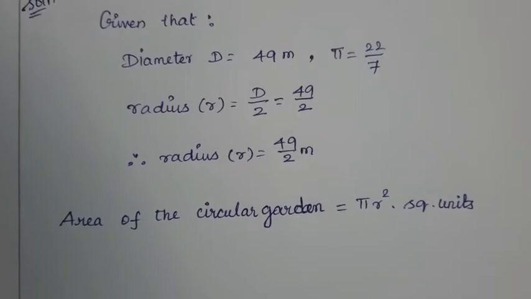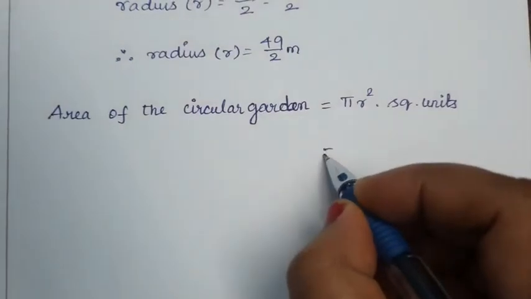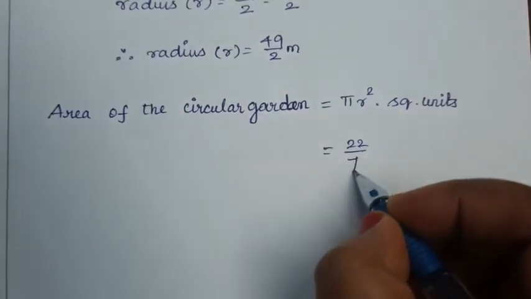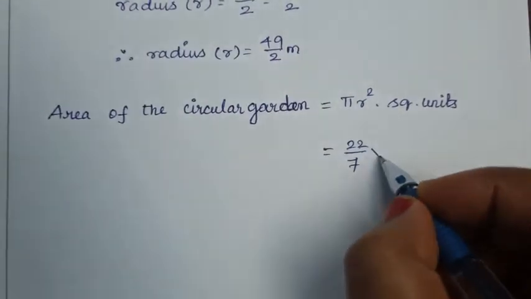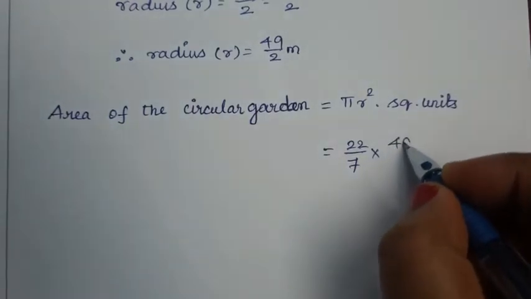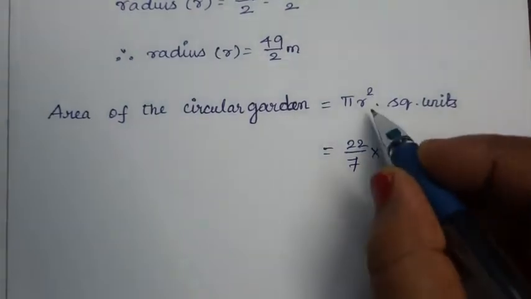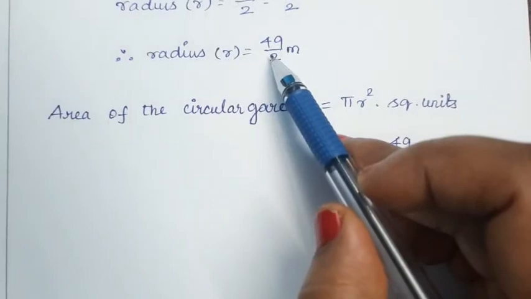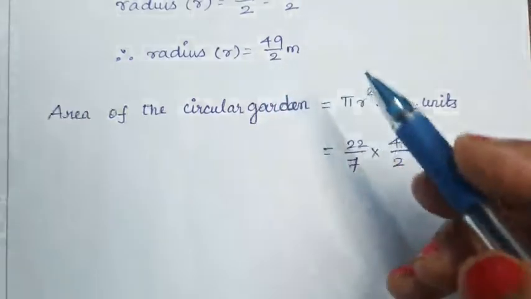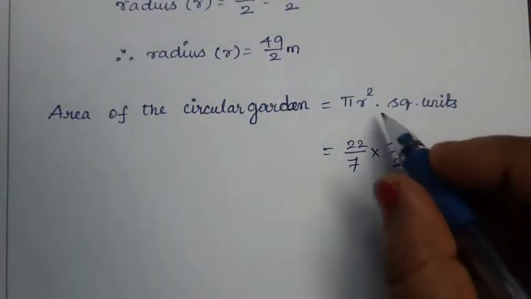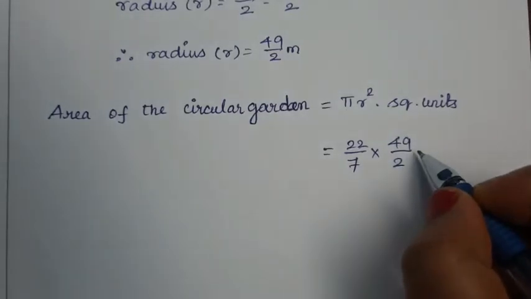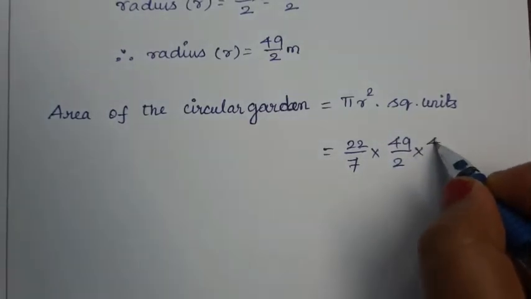To find the cost of leveling, first we should find the area of the circular garden by using the formula pi r squared square units. 22 by 7 is the value of pi and 49 by 2 is the value of radius that we found here. R squared means we should multiply twice.